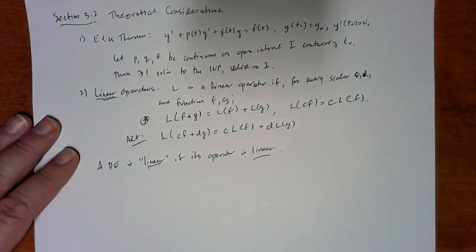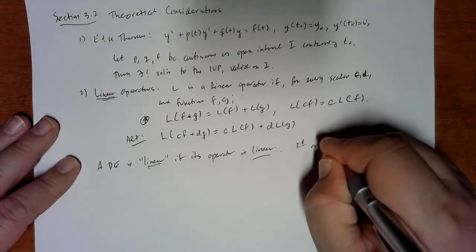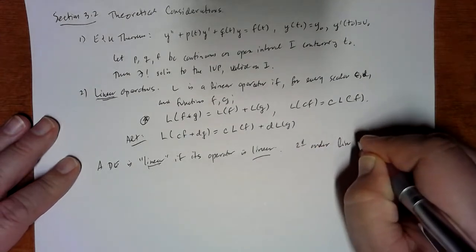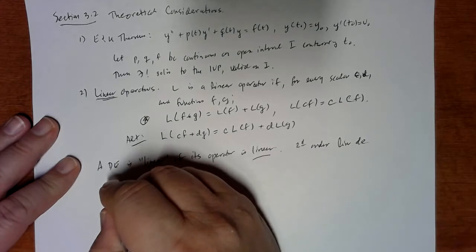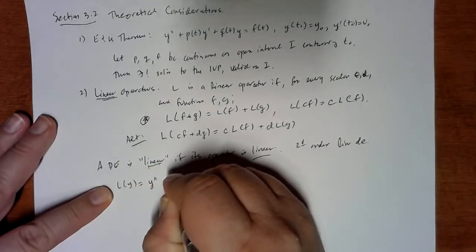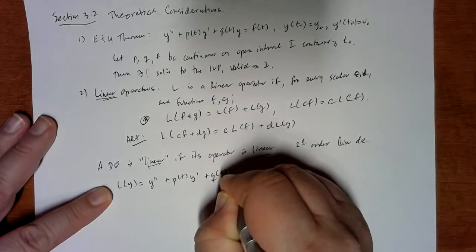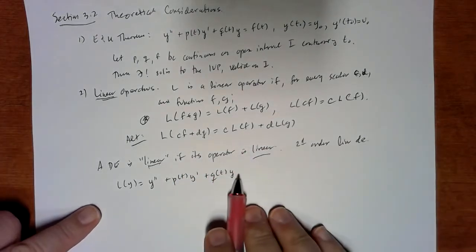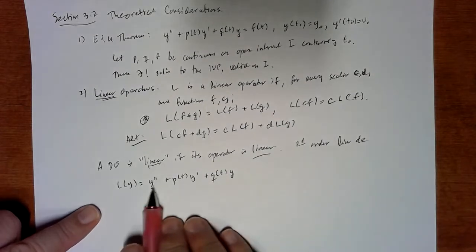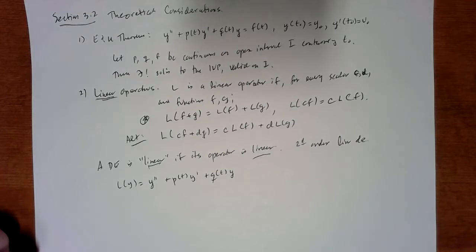And so in particular, right, the second order linear differential equation can be expressed as L of y equals y double prime plus p of t times y prime plus q of t times y. Notice I'm not saying equals anything, right, because this is just the operator acting on y. Good. All right.